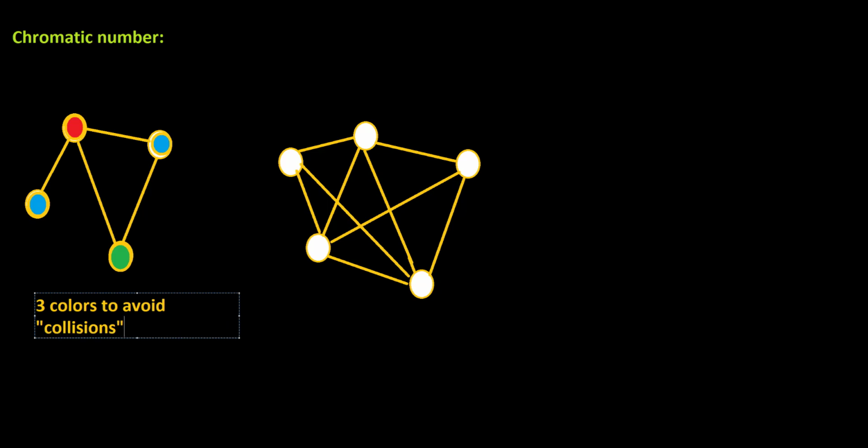And that's really what we mean by the chromatic number. We're really looking for the minimum number of colors needed to color a graph so that neighbors don't share the same color. All right, so let's write that down.